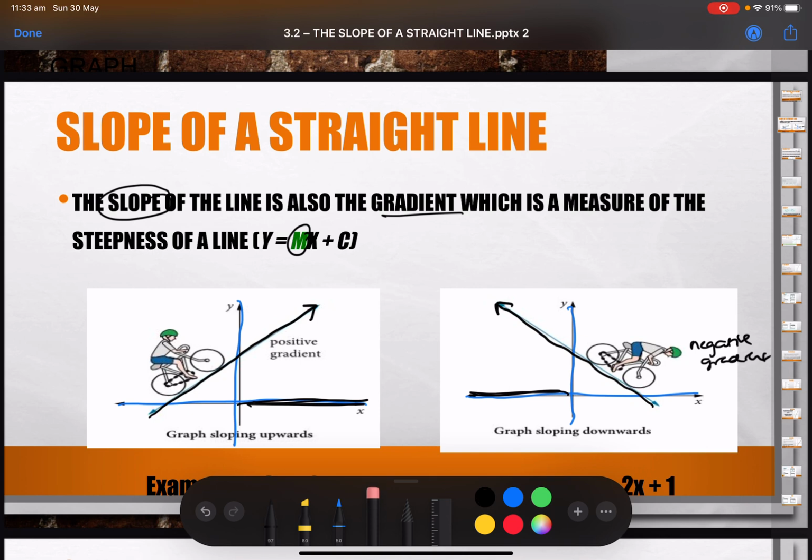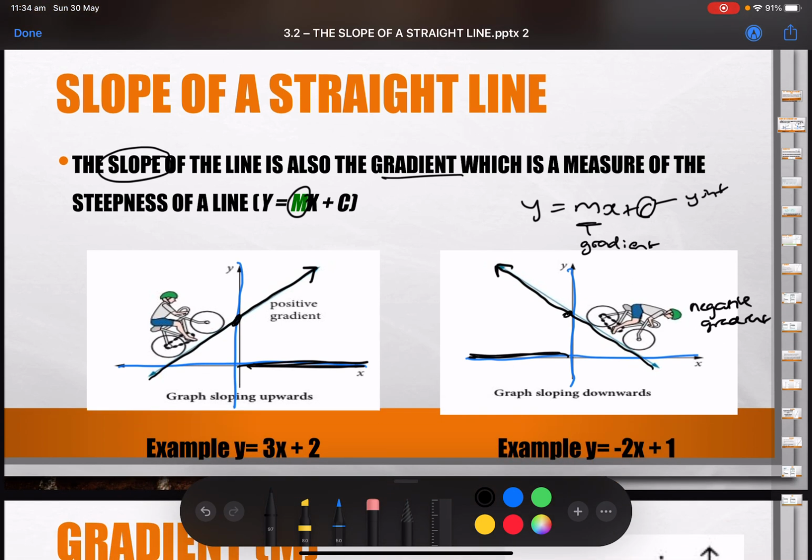We know the equation of a straight line is always going to be y equals mx plus c, where this m value, we are now learning, is the steepness of the graph, what we call the gradient. And we knew from last week that our c value is our y-intercept, so where on our axes the line hits the y-axis.